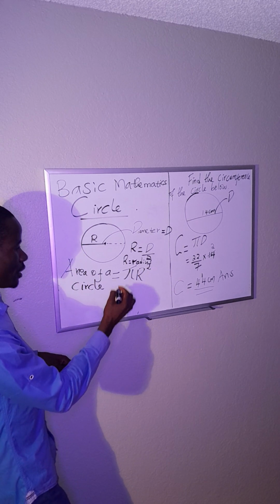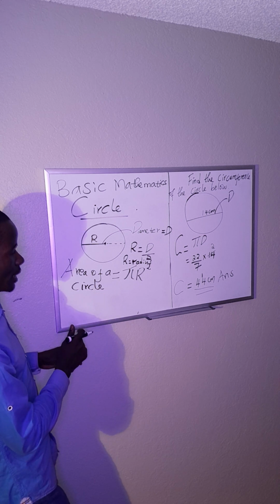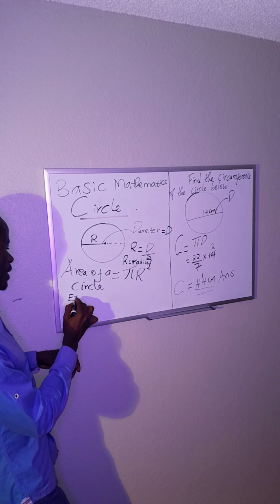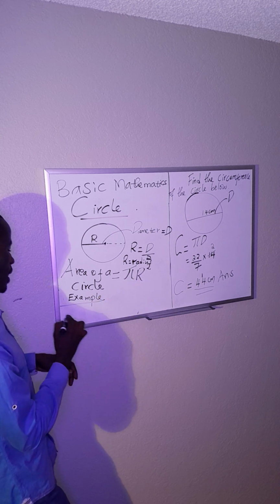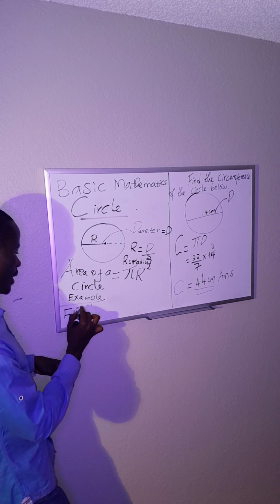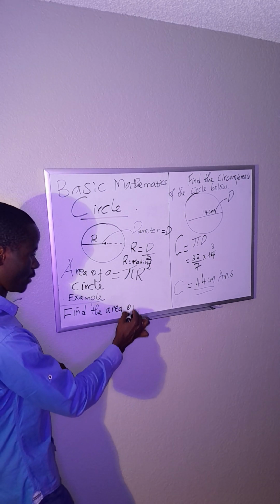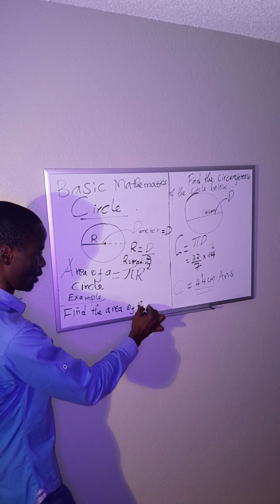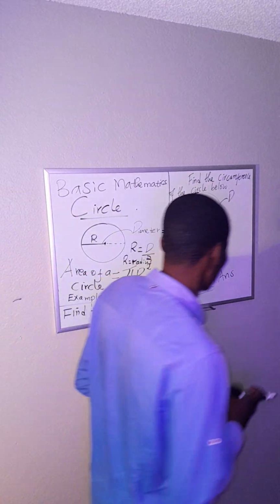Once we know the formula, the next bit is to give you an example of a question to enable us to use this formula and show you how to find area. Find the area of the circle below.